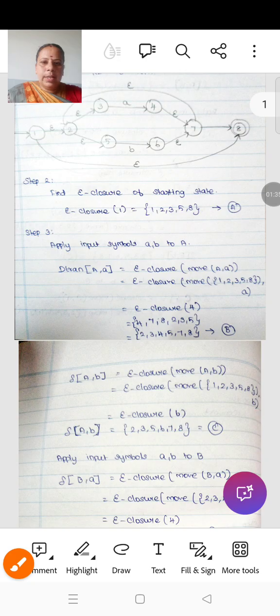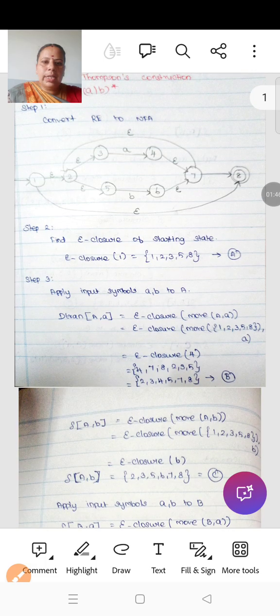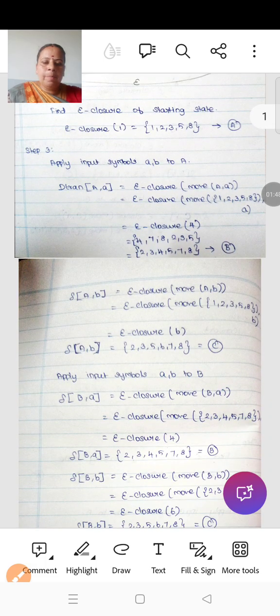After step 2 we move to step 3, which is the transition function by applying the input symbols. You will have two input symbols, a and b.